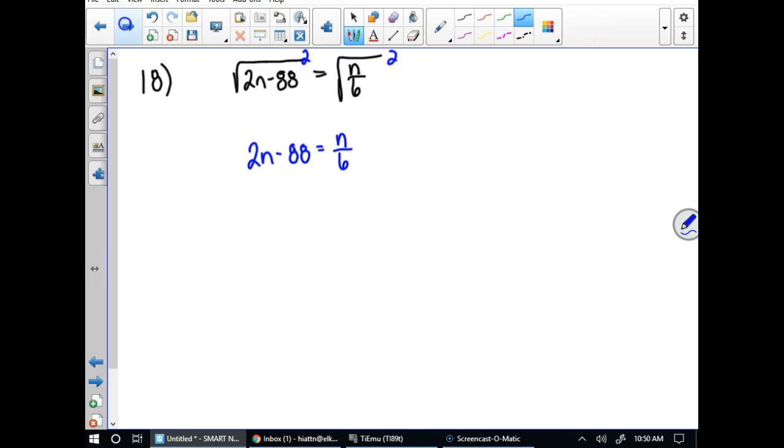And so now that n over 6, we could think of it as 1/6 n and deal with fractions, or it is n divided by 6. And if I just really don't like having that fraction there, I could multiply both sides by 6. Make sure when you do, you got to distribute that 6 to both of those numbers right there.